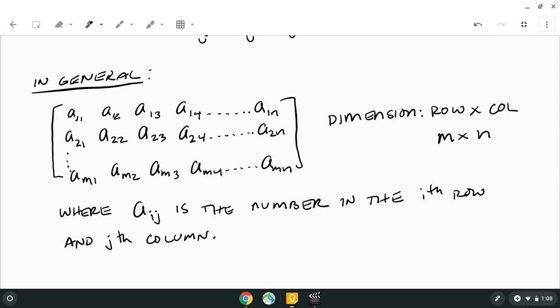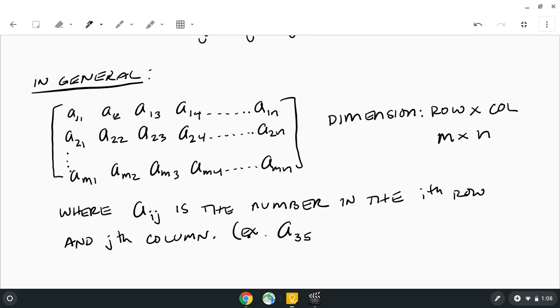Okay, so for example, if I have this element and you see a 3 and a 5 here, then this tells me that, again, it's always row first and then column.